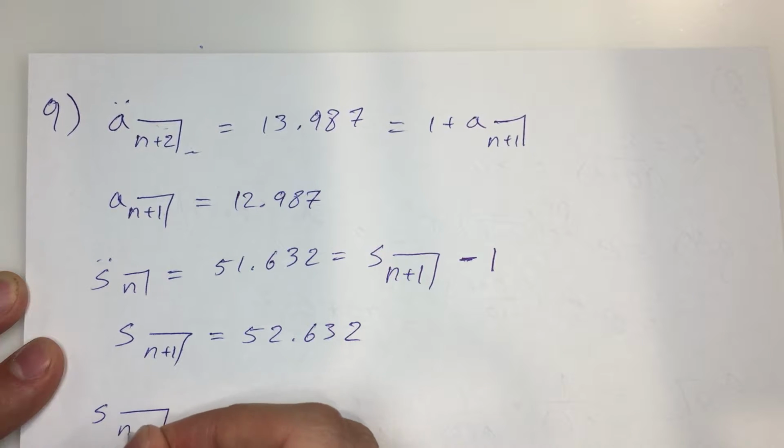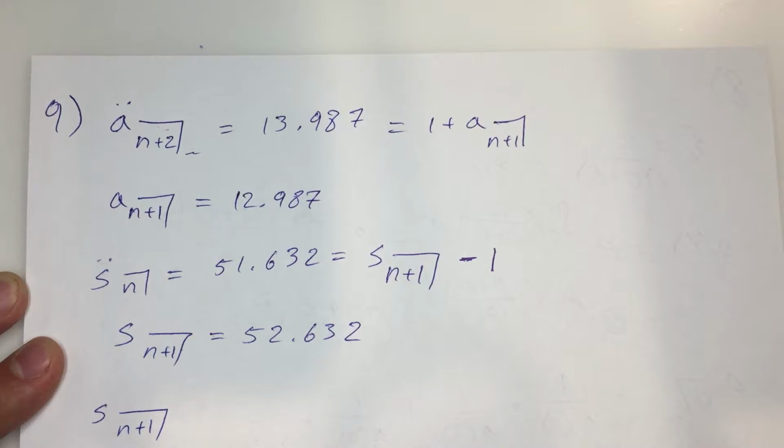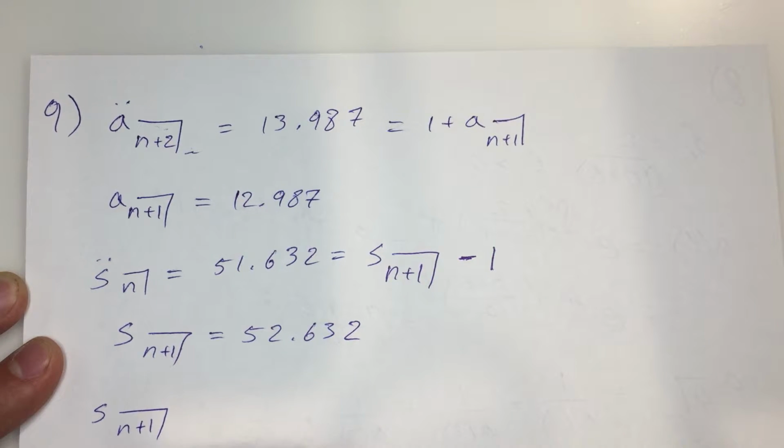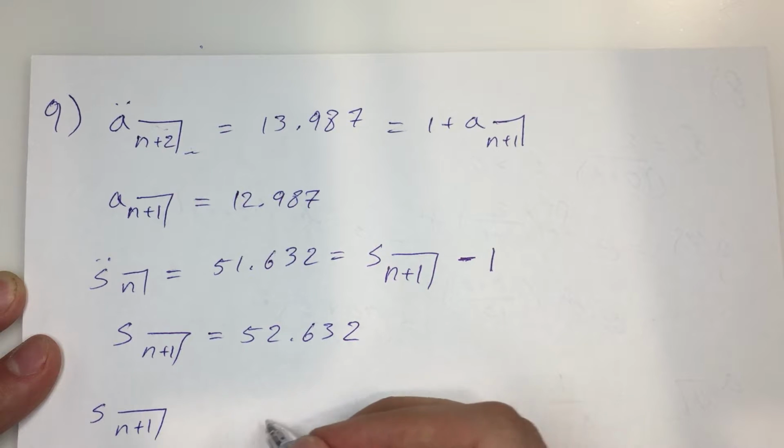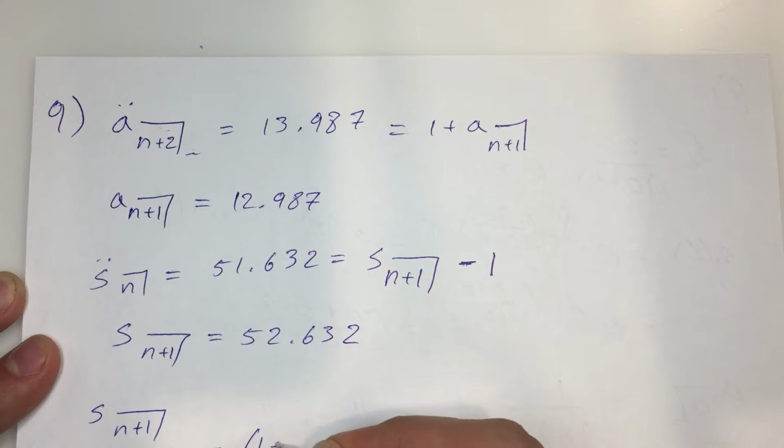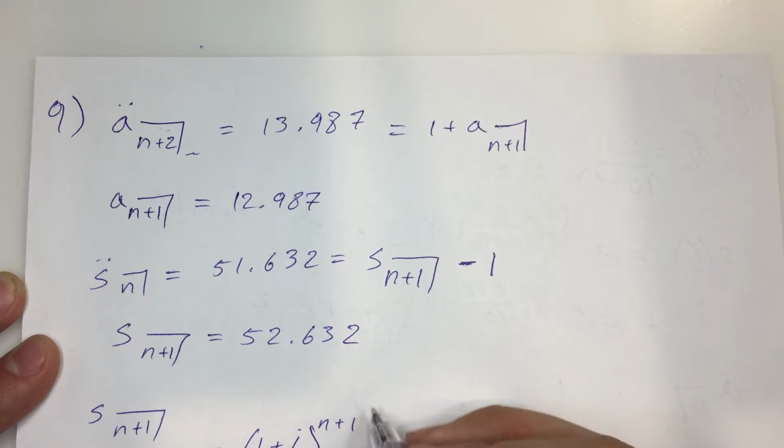Now we can use one of our identities learned in class, and that is S angle n plus 1 divided by A angle n plus 1, and this only works when the time frames are similar, will equal the 1 plus interest rate to the power of n plus 1.